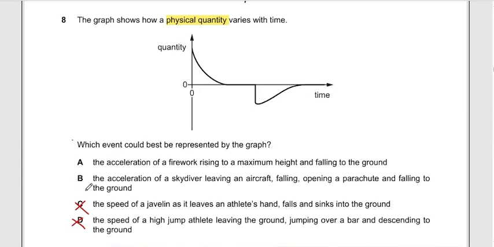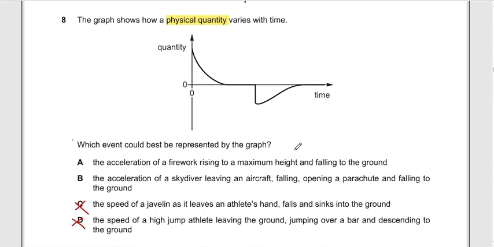A says the acceleration of a firework rising to a maximum height and falling to the ground. B says the acceleration of a skydiver leaving an aircraft, falling, opening a parachute and falling to the ground.